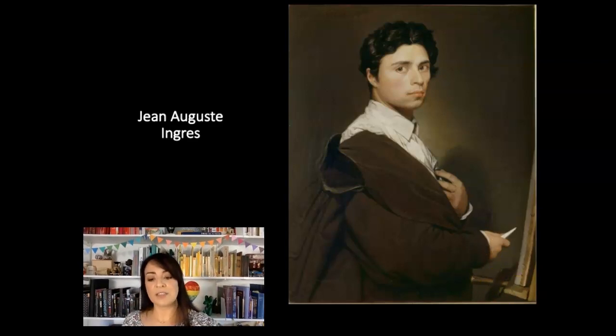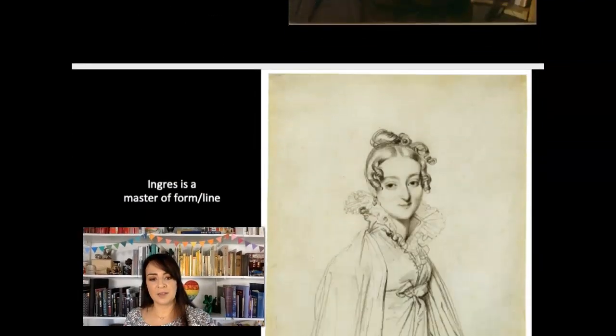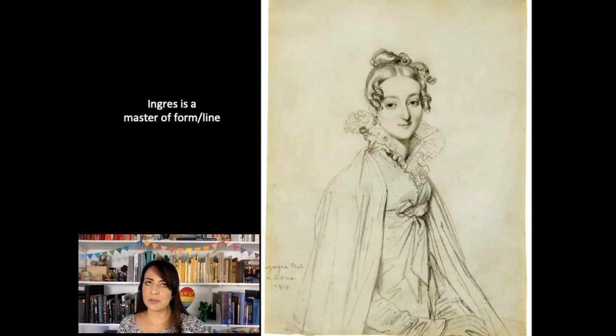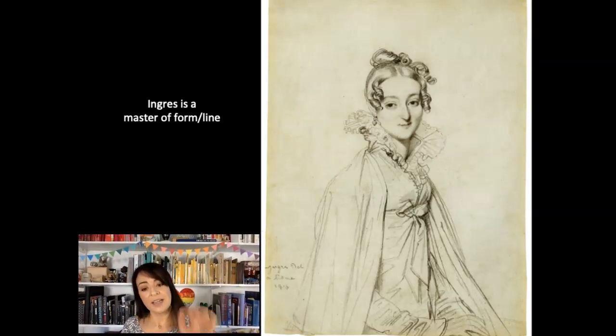To help drive this point home, look at this. This is a pencil drawing. I don't want to say sketch because it is a finished product. Ang was popular for these types of pencil sketches, pencil portraits.